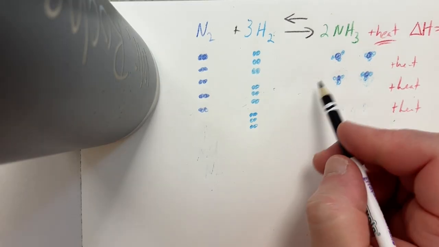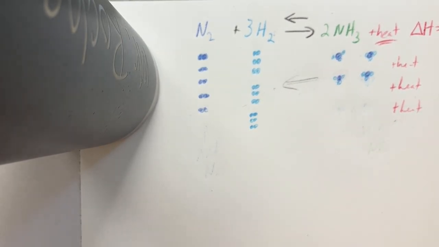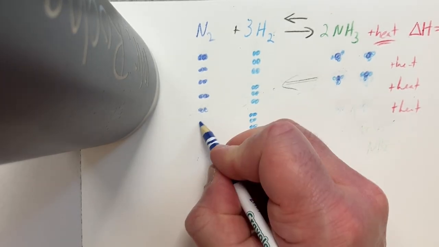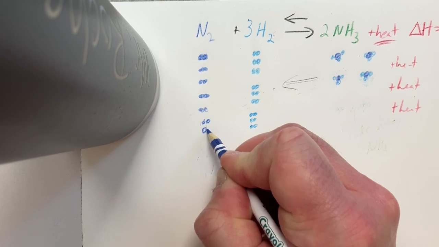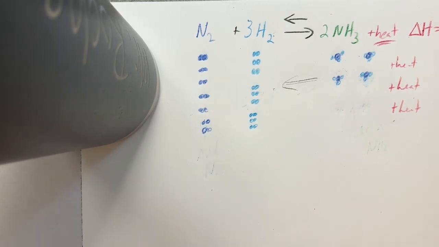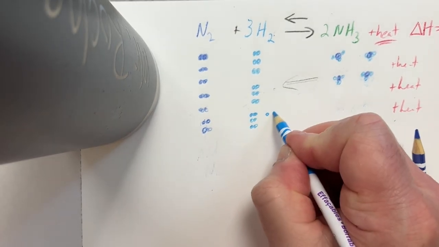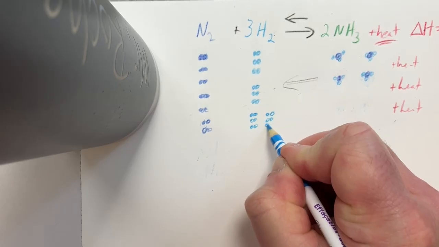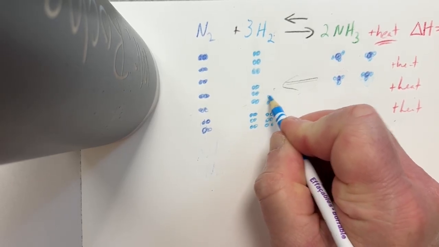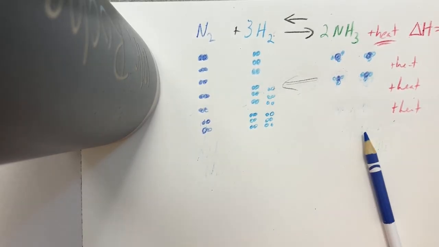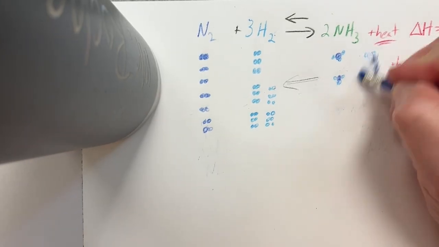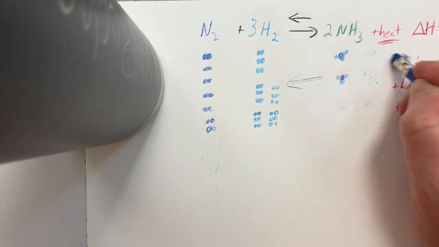So to make things less hot, he's going to have to move it away from the heat side of the reaction. So he's going to want to go toward nitrogen and hydrogen, so that every time he produces some nitrogen and some hydrogen, the heat will have to get used every time he does that. So he's going to create some nitrogen and hydrogen, and in the process, that is going to take away that heat.